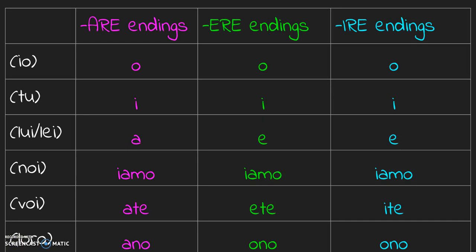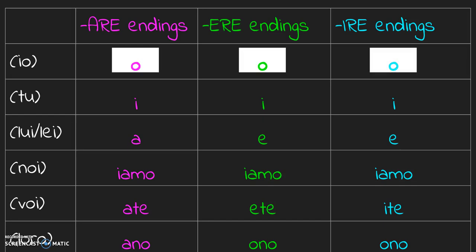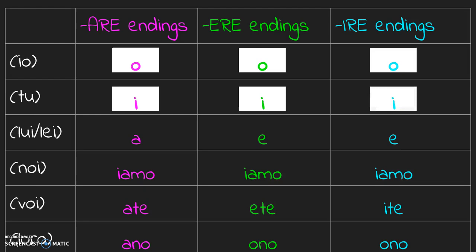So in this table we can see that there are lots of similarities between the groups. When you are talking about yourself using io, the verb will always end in o. When you are talking to someone, tu, the verb will always end in i.